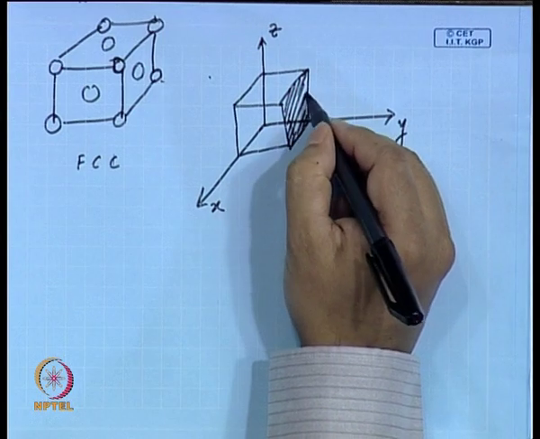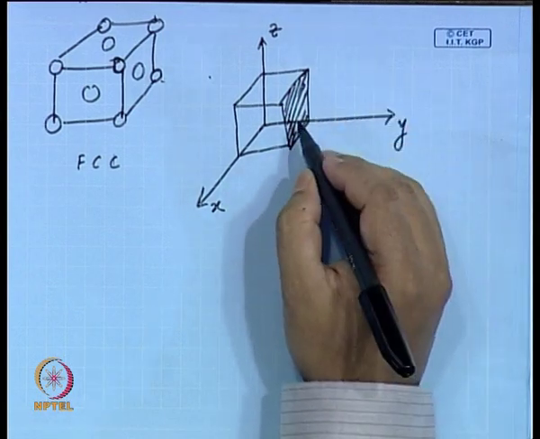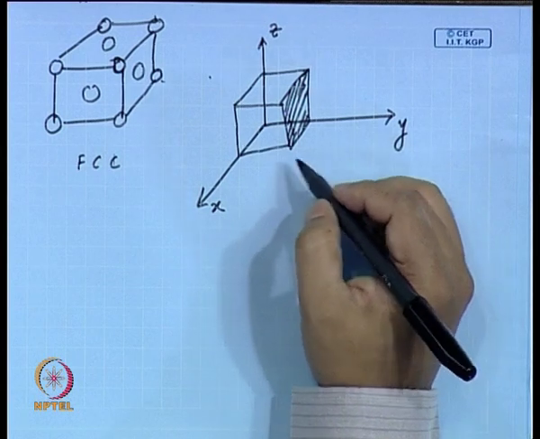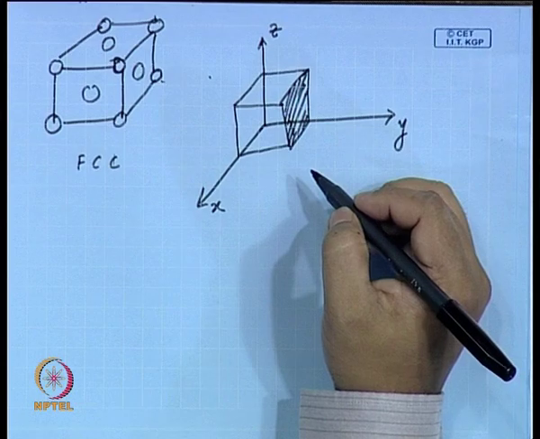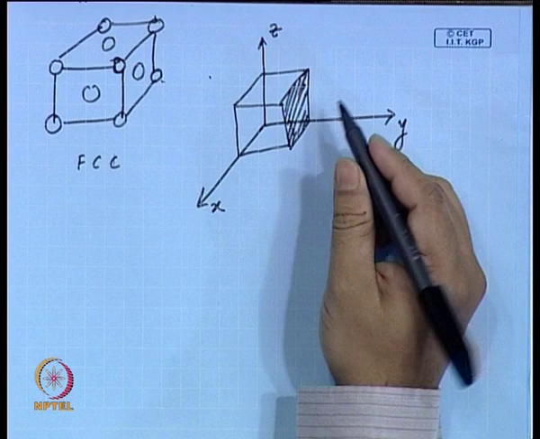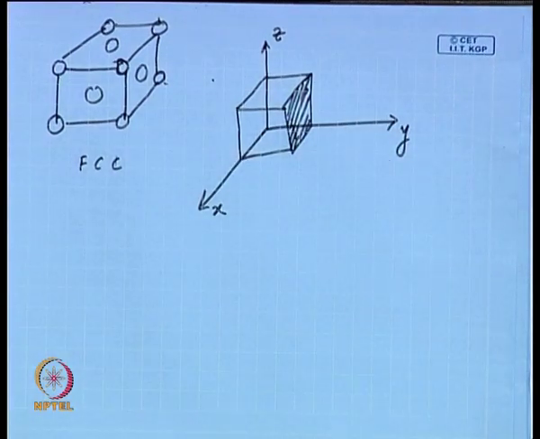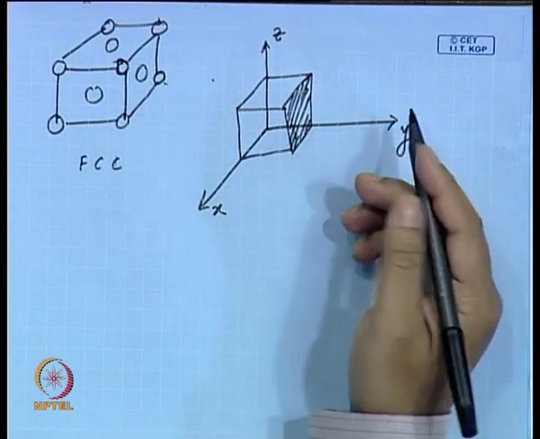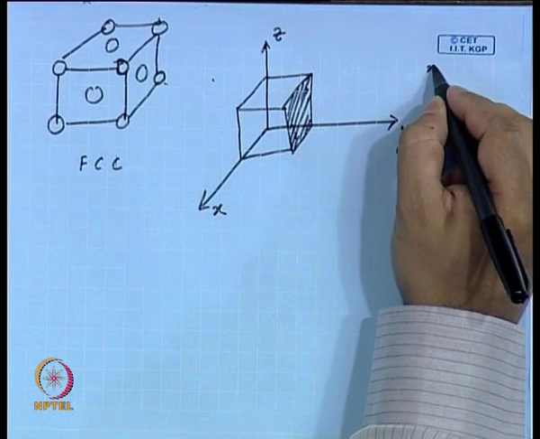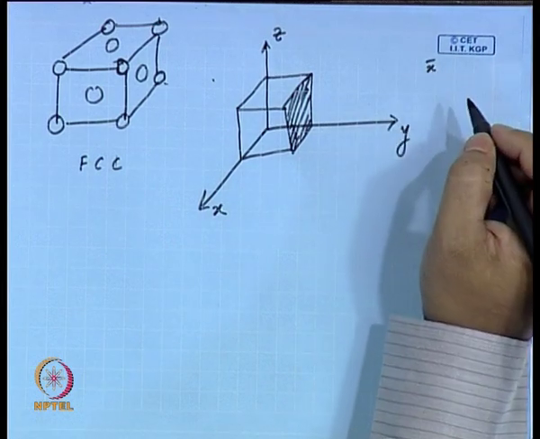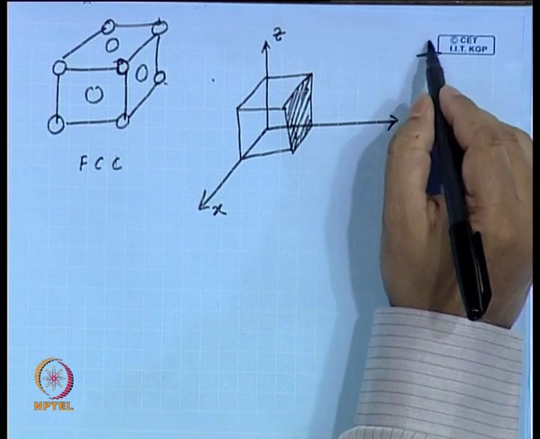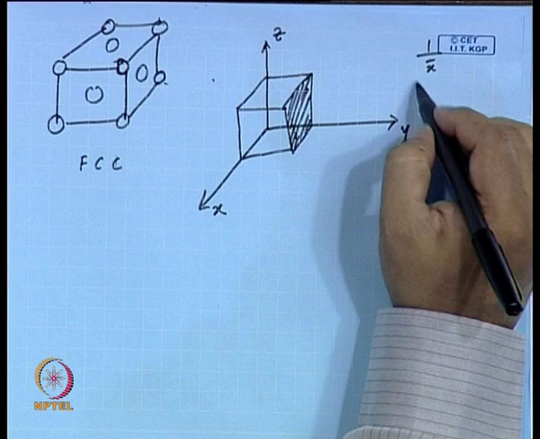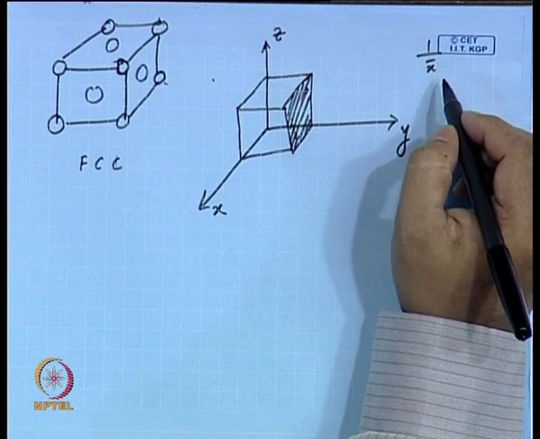And if we look at where this plane cuts the x, y and z axis, suppose it cuts at x bar location, then we write 1 by x bar as the x component of this Miller index.